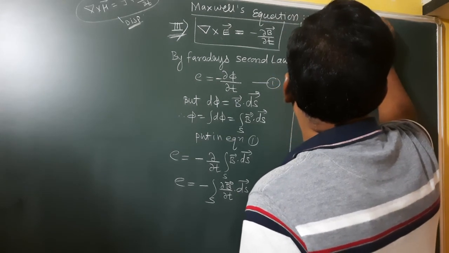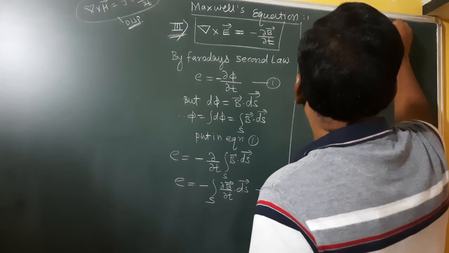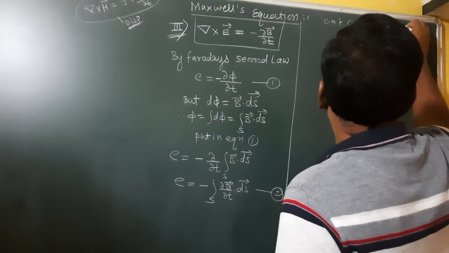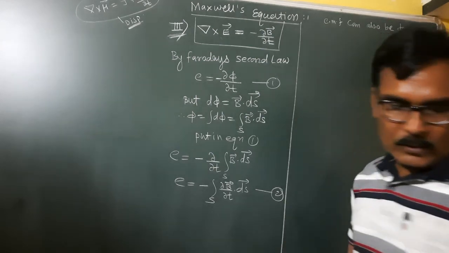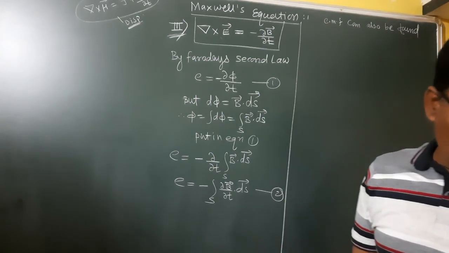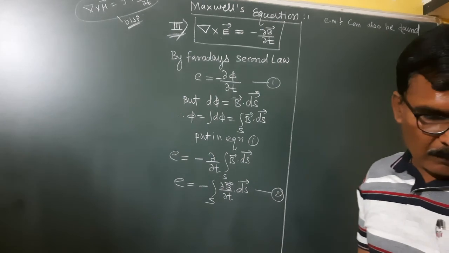EMF E can also be found by calculating the work done in carrying a unit charge completely around the loop.